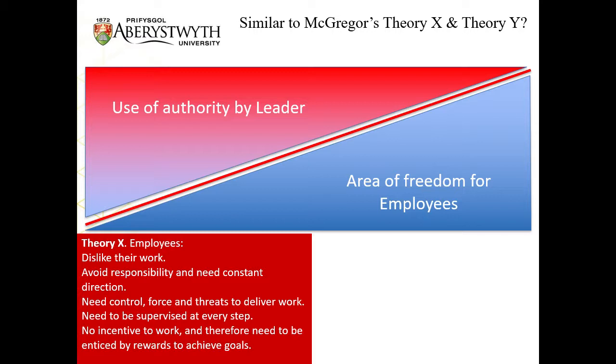It doesn't necessarily follow that the staff are as they are perceived, but in, for example, theory X, the manager, the leader, believes that the staff dislike their work, that they will avoid responsibility and therefore need constant direction. They need control, force and threats in order to deliver work, and they need to be supervised at every step.